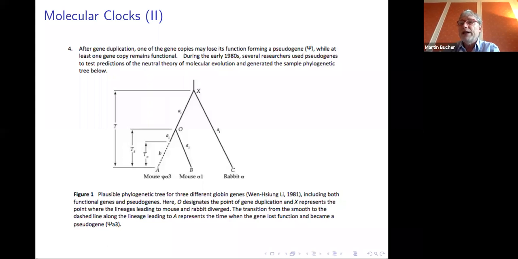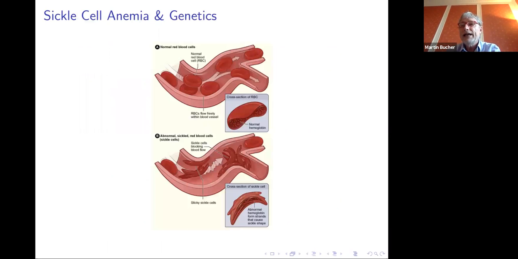So there's a notion of a most probable tree, and this is one application of these molecular clocks. Okay.